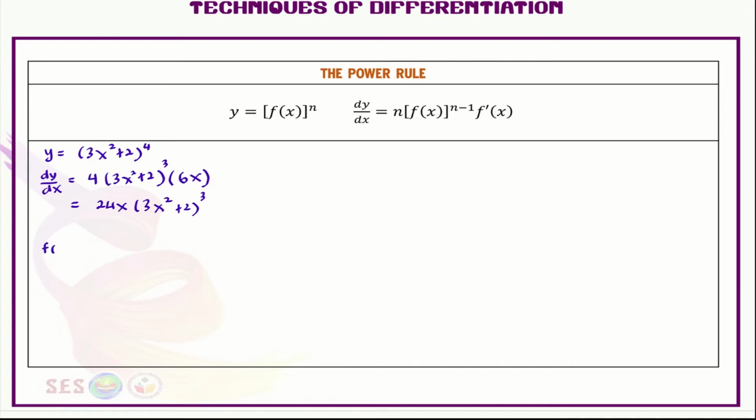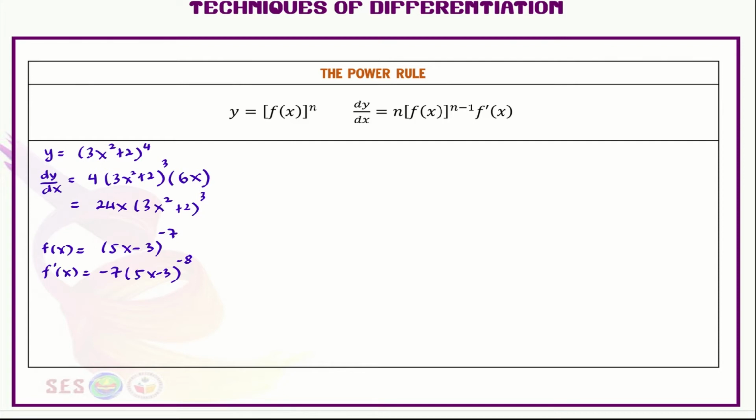All right, let us discuss the second example. Let's say we have f(x) equals (5x minus 3) to the power of negative 7. By using this formula, we can differentiate this in a short way. We have f prime x equals bring down the power, write down whatever is inside the bracket, and the power will be deducted by 1. So negative 7, take away 1, gives negative 8, times the differentiation of whatever is inside the bracket.